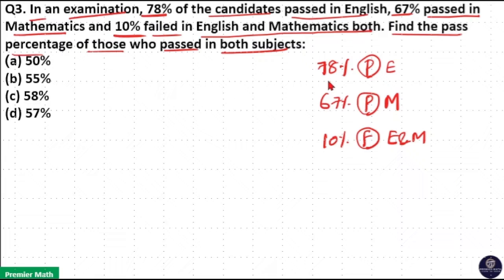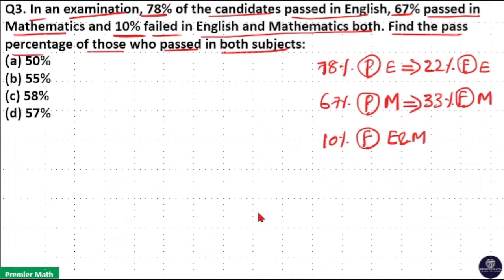Here, 78% passed in English means 22%, that is 100 minus 78, 22% failed in English. And the same way, 67% passed in maths means the remaining 100 minus 67, 33% failed in maths. Now we have the failed students data.